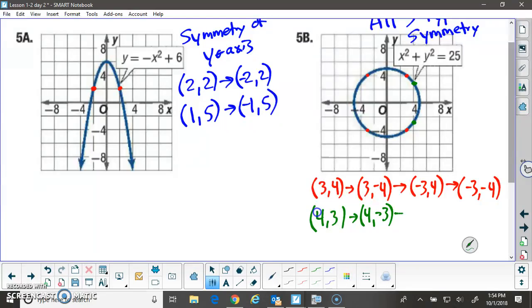If there's symmetry of the y-axis, it should also contain the coordinate point -4, +3, which it does right here. And if there's symmetry of the origin, it should contain the coordinate point -4, -3, which it does right here. So there's supporting it numerically.